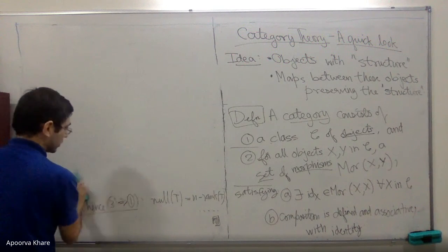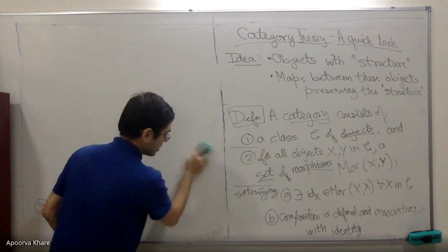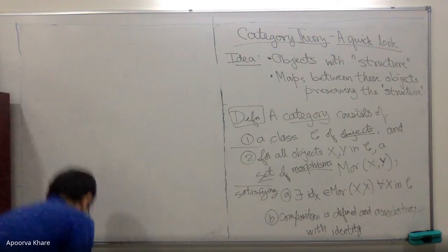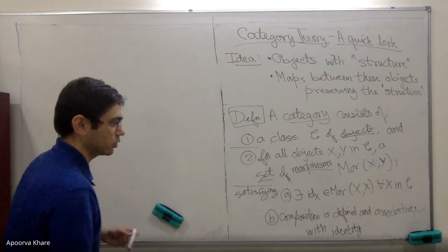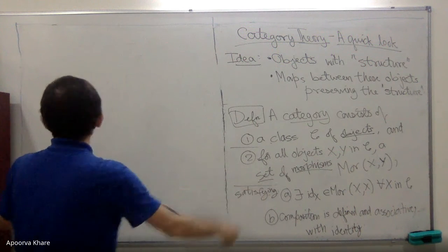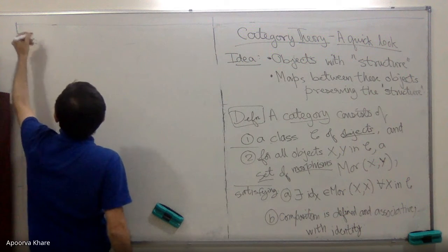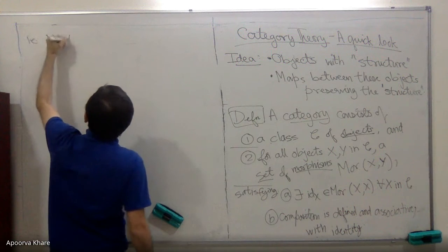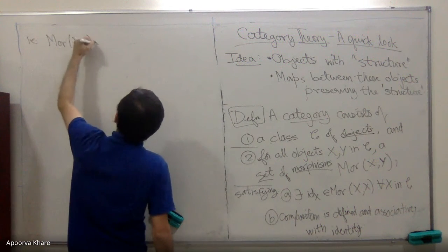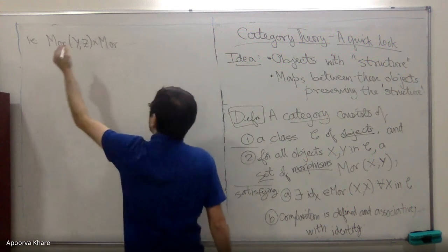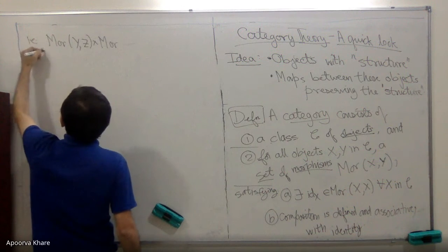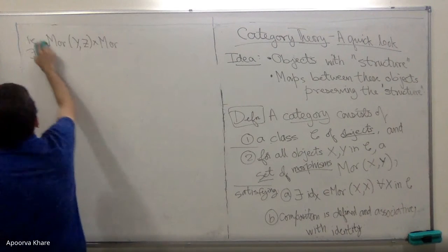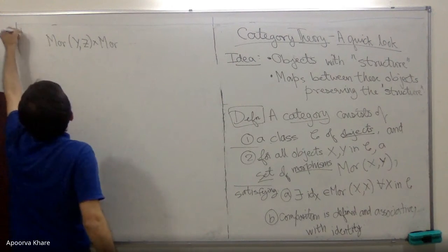You can guess what it means. That is, if you look at the morphisms from Y to Z cross morphisms from X to Y, there exist maps.